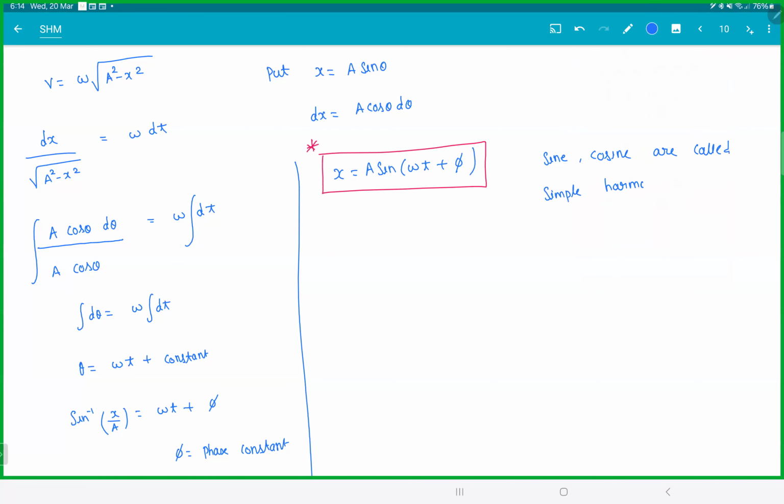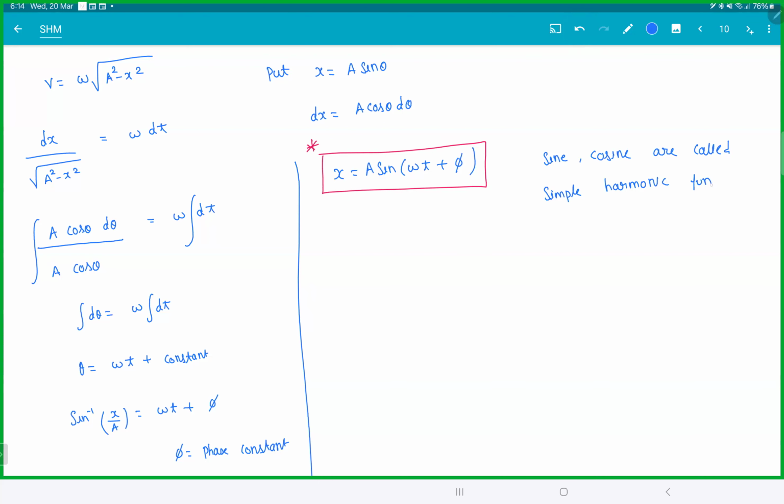Since these functions represent motion x, we call it simple harmonic motion. Did you see how we got the name? The person who named it derived everything and found that these are harmonic functions, sine and cos, representing motion. So he called it simple harmonic motion. The name came after the mathematical calculations.